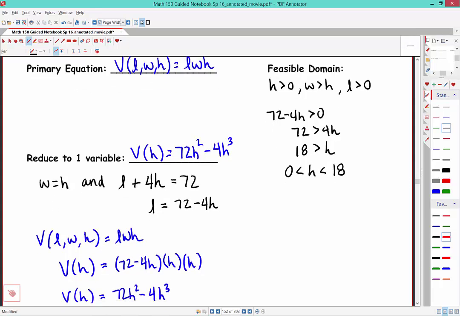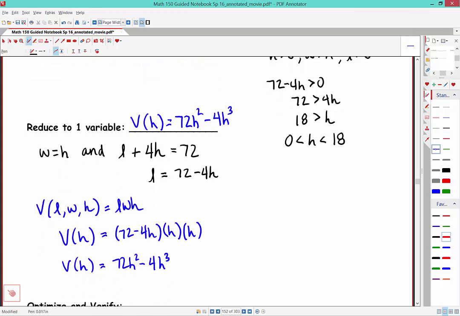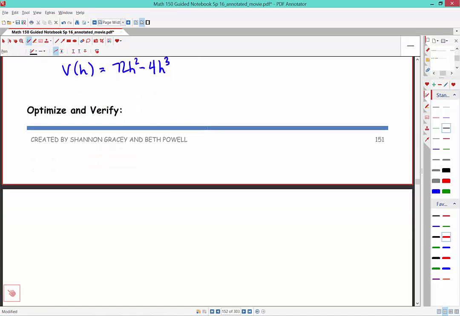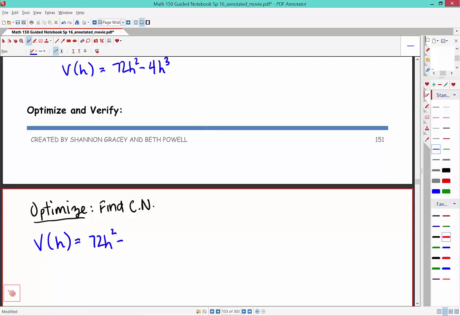Alrighty. Now, moving right along, let's go ahead and do our optimize. So to optimize, we find our critical numbers. So we had the volume in terms of h alone is 72h squared minus 4h cubed.